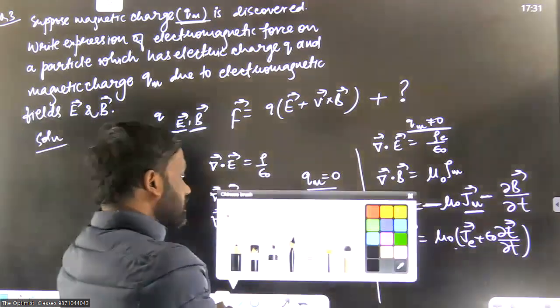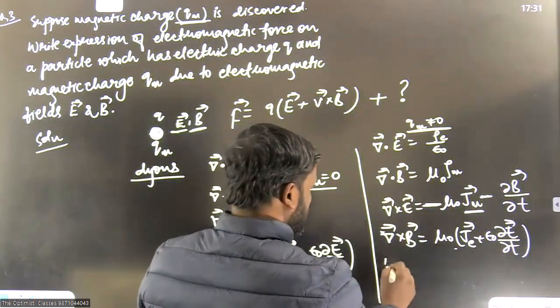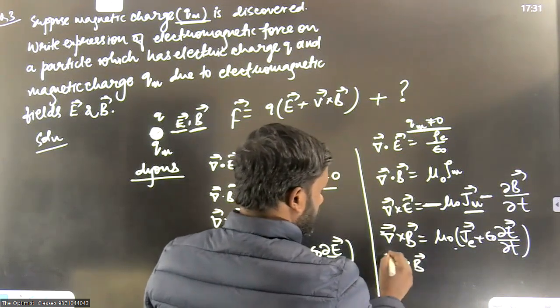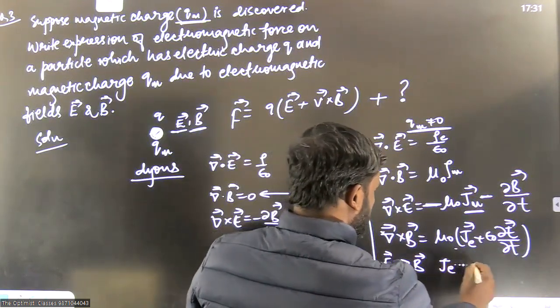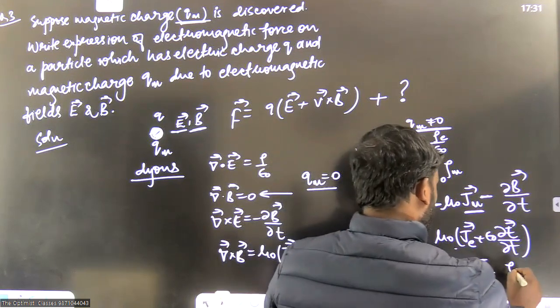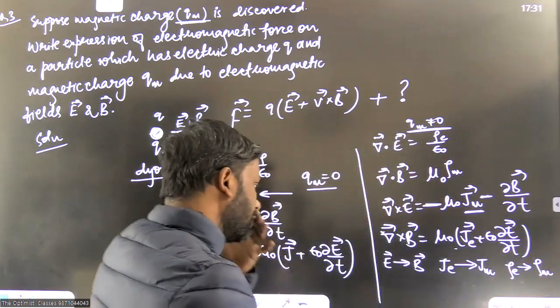So now we can say that there is a transformation. We can convert the electric field into the magnetic field, we can convert Je into Jm, or convert rho E into rho M, or we can do the reverse.